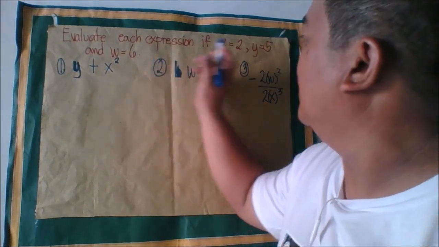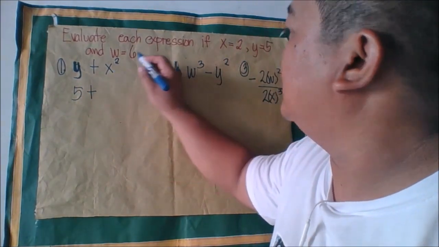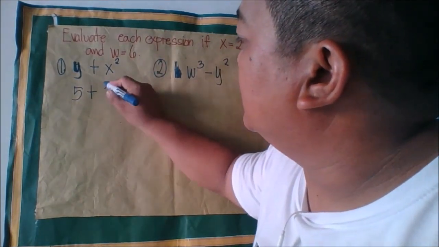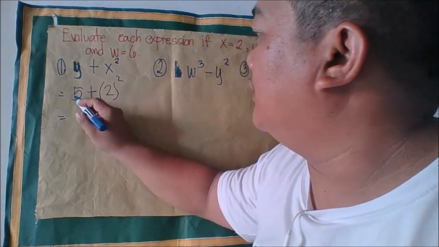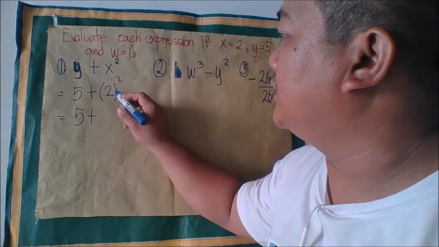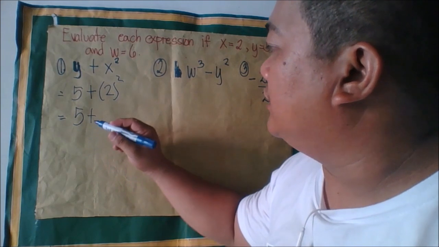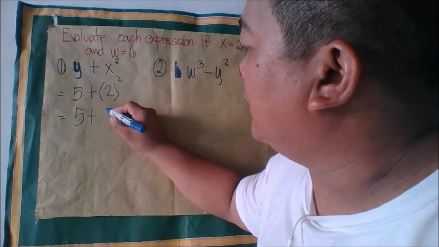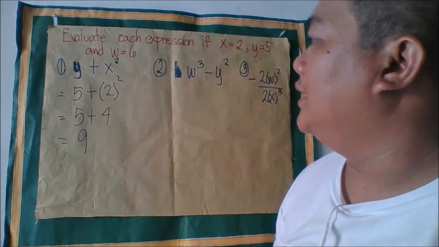So substitute: y is 5, then x is equal to 2, to the power of 2. So evaluate. From the order of operations, you first perform the exponent. 2 to the power of 2 is 4. 2 times 2 is 4. So 5 plus 4 would be 9.